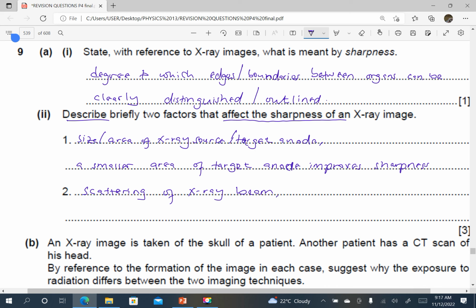This can be reduced by using a lead grid, which we call the anti-scatter screen, to absorb the scattered photons.